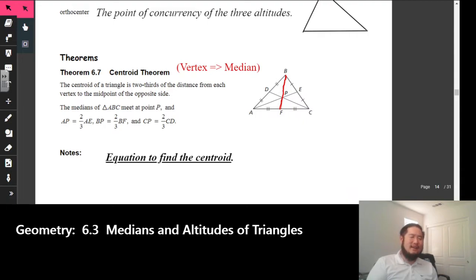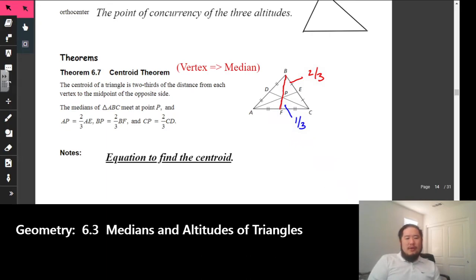If not, I maybe worry about your eyes. So how much bigger is it? B to P is 2/3 of the whole entire segment of BF. PF is the remainder. Well, how much would the remainder be? If B to P is 2/3, then P to F needs to be equal to 1/3. Combine it all together, it's the whole.